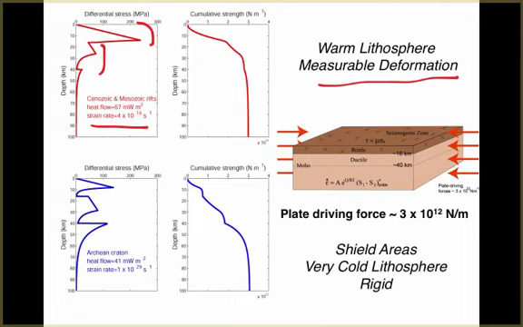Whereas in Archean craton, and this could apply to any shield area where there's very cold, rigid lithosphere, we see this more well-established strength profile that we're used to seeing in those Christmas tree diagrams.